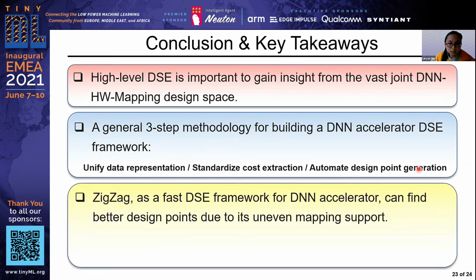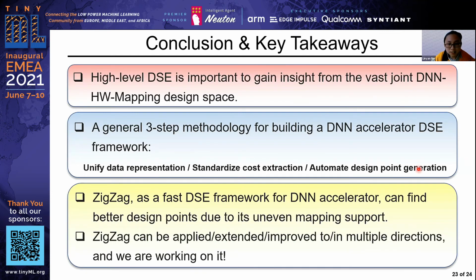Finally, with ZigZag as such a framework, we can find better design points due to its uneven mapping support. It can be applied, extended, and improved in multiple directions, and we are working on it.